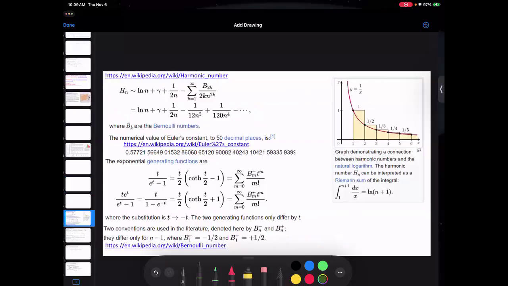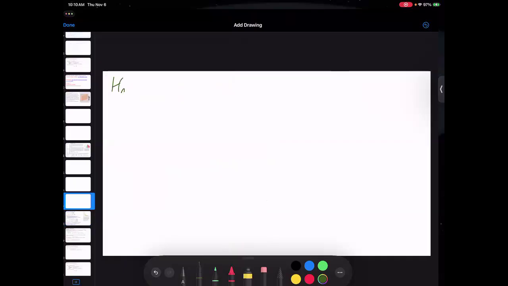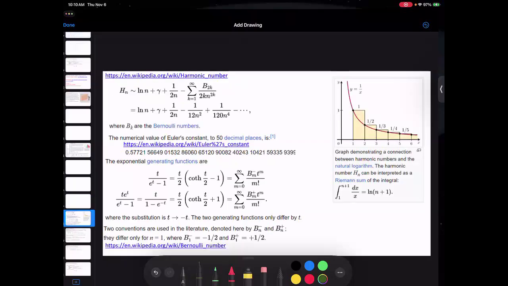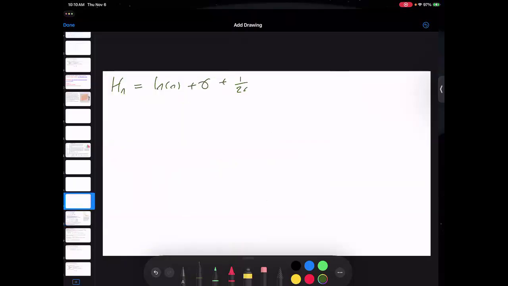There's lots of wonderful relationships, but the key fact is that the nth harmonic number is approximately the natural log of n plus the Euler-Mascheroni constant gamma, which is about 0.57, plus an error of size 1 over 2n. So if we use that, H_n is equal to the natural log of n plus gamma plus 1 over 2n plus smaller.